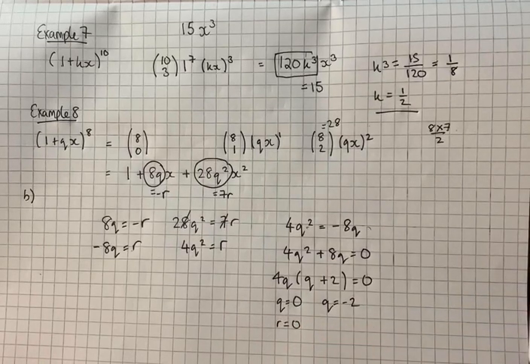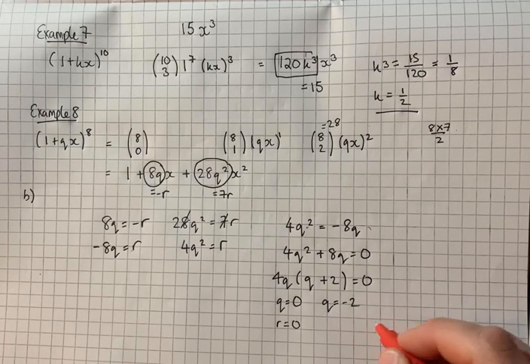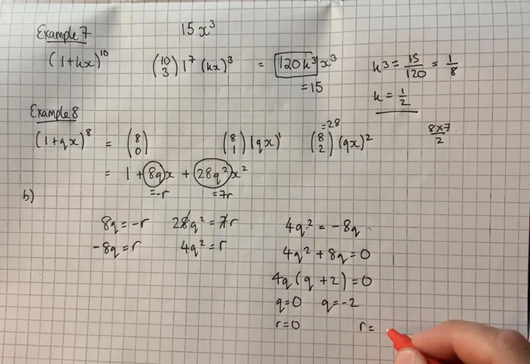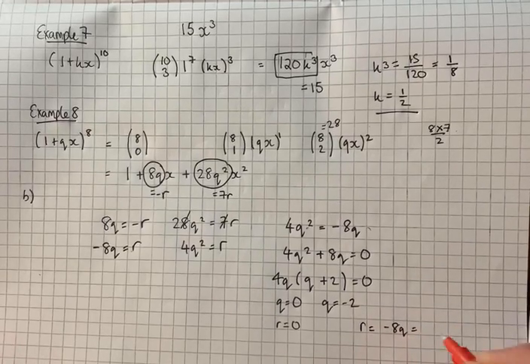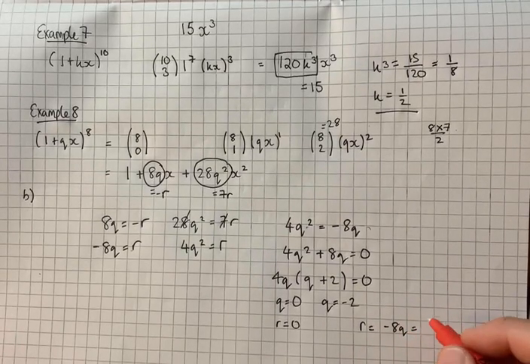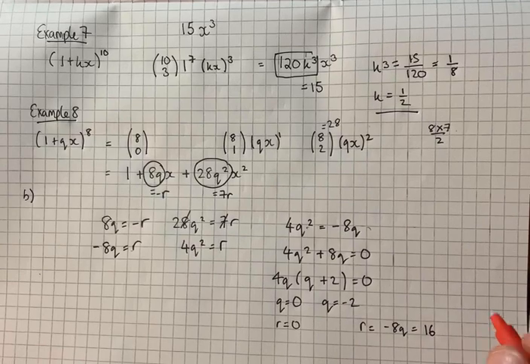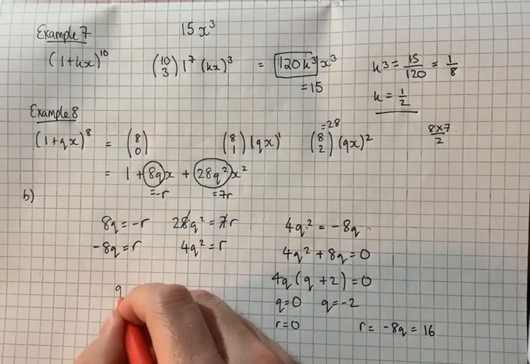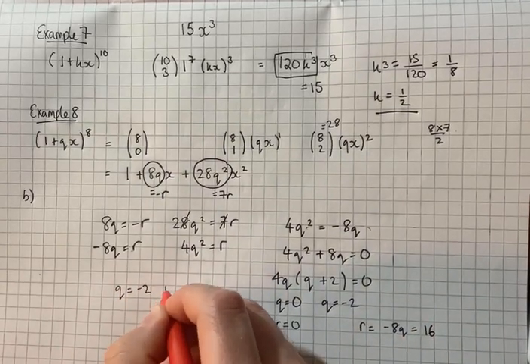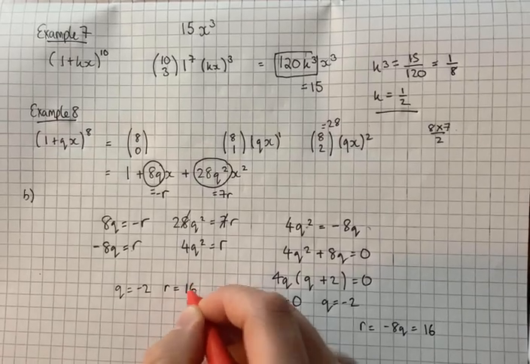And then if q equals -2, then we've got r equals -8q. So that's -8 times -2, which is 16. So q equals -2, r equals 16.